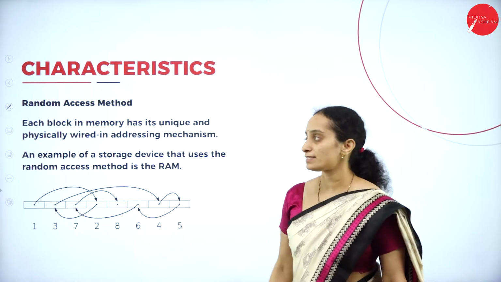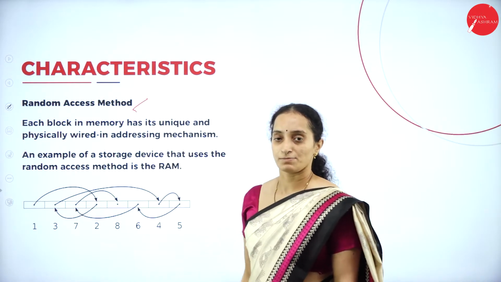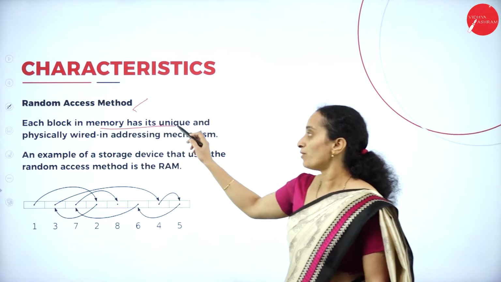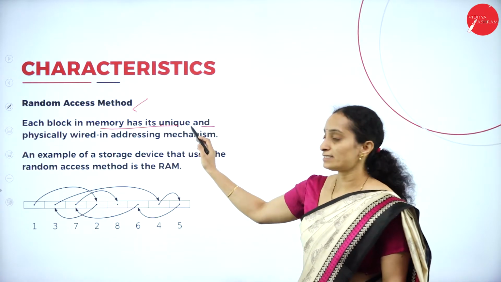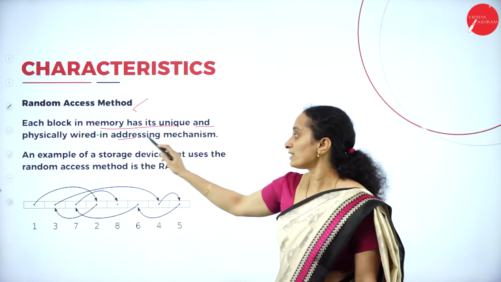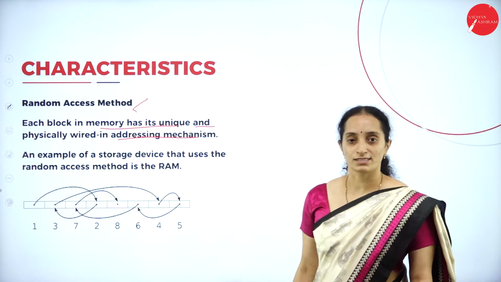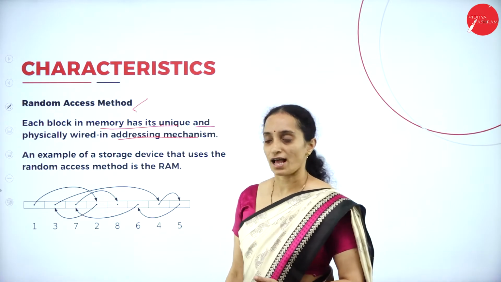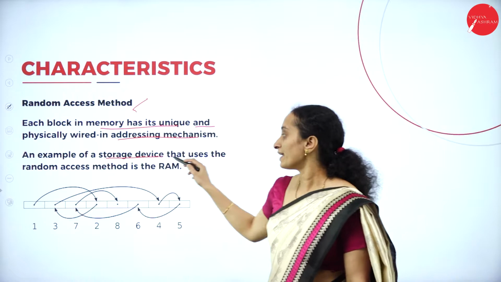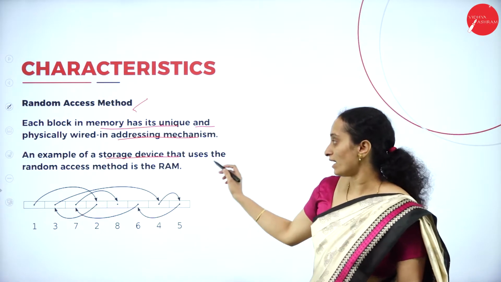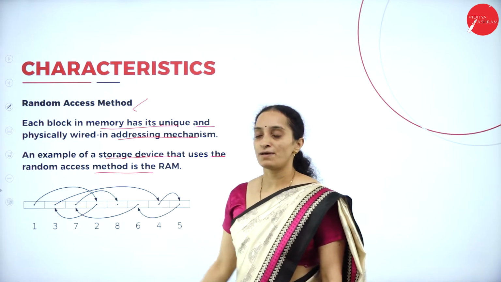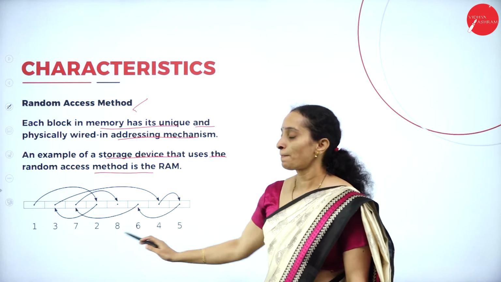The third one is the random access method. Each block in memory has its unique and physically wired-in addressing mechanism. Each location will have a unique address. An example of a storage device that uses the random access method is the RAM.